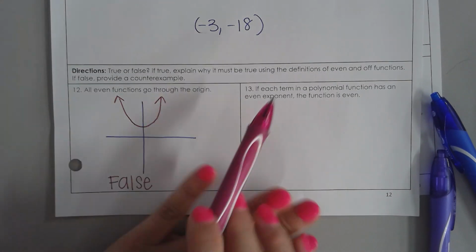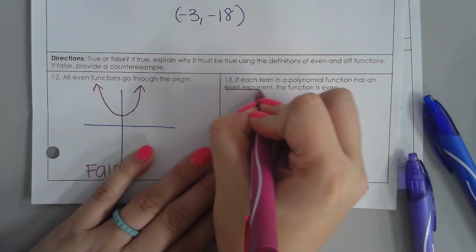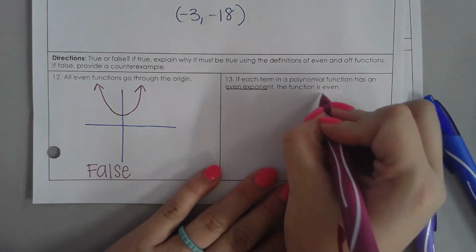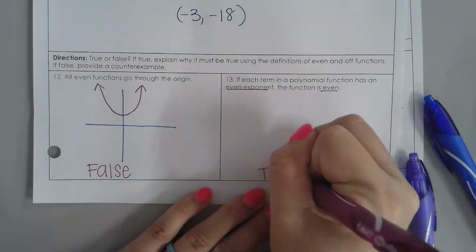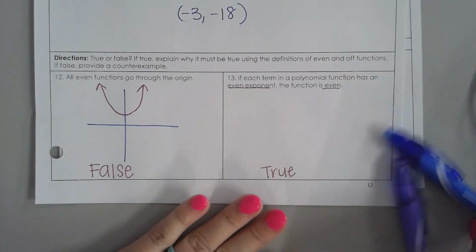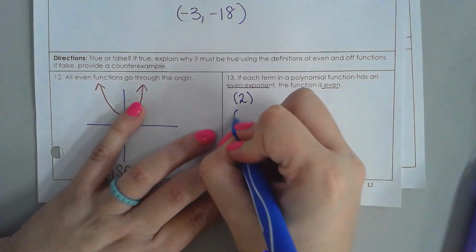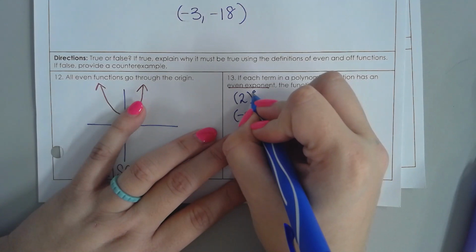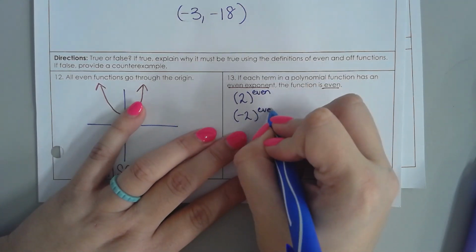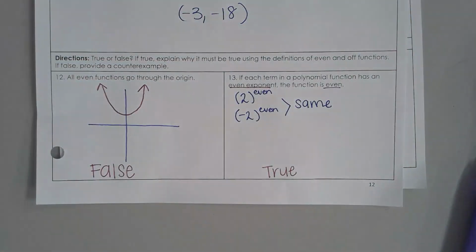If each term in a polynomial has an even exponent, the function is even. And that is true. Anytime you have a 2 and a negative 2, if you raise that to an even exponent, you're going to get the same answer.